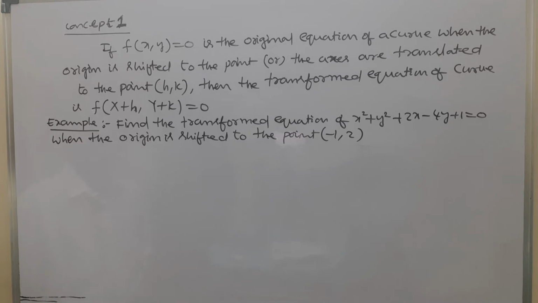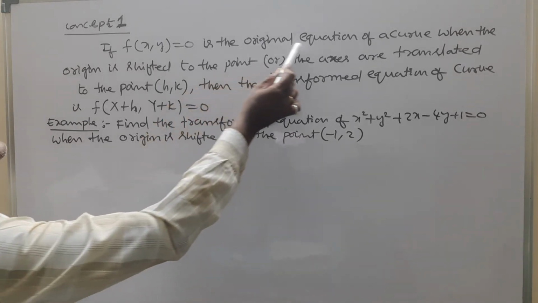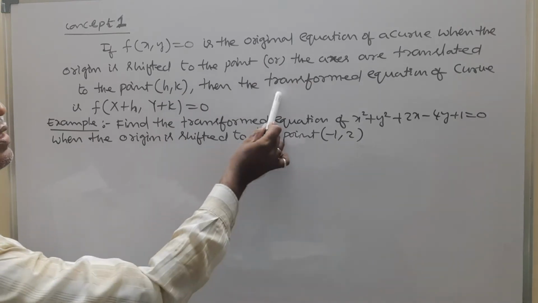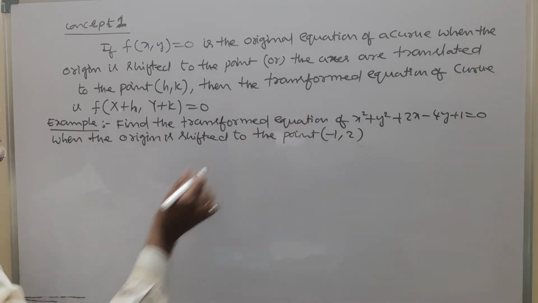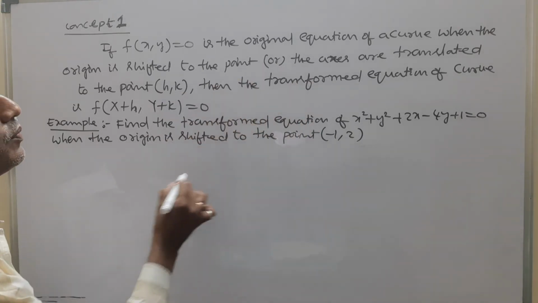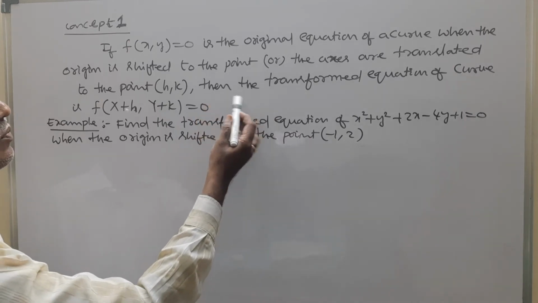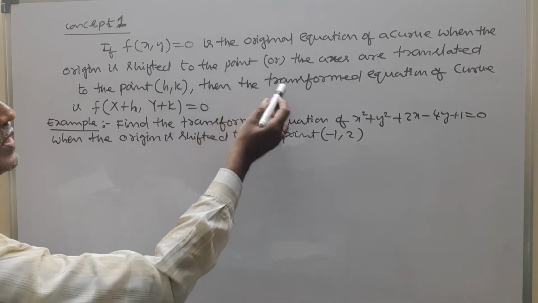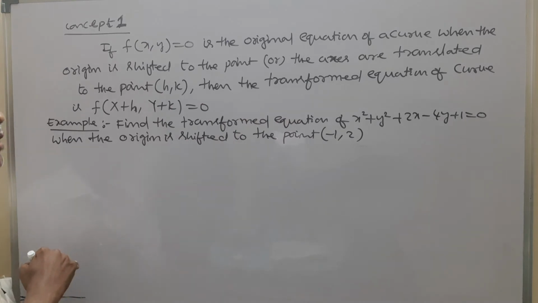Next, we discuss how, if the original equation of a curve is given, we find the transformed equation of the curve. This transformed equation is the new equation of the curve.